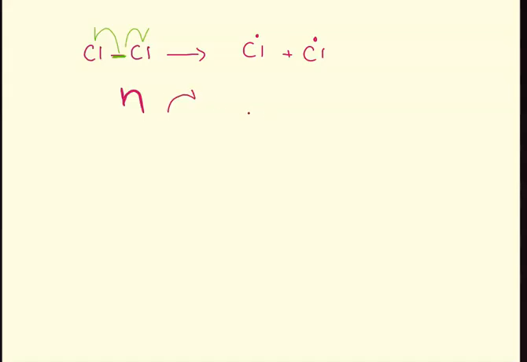So we draw these as fish hook, half arrows. On the other hand, if I had a molecule like HBr, where Br is more electronegative than hydrogen, then both electrons can be taken up by Br, and this would result in polar bond breaking, where we get an H plus and a Br minus, because Br took up both the electrons from the shared pair.